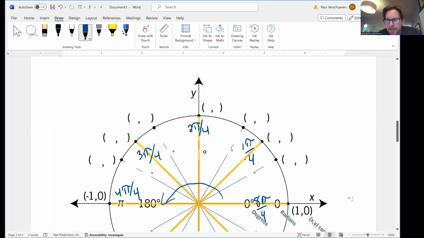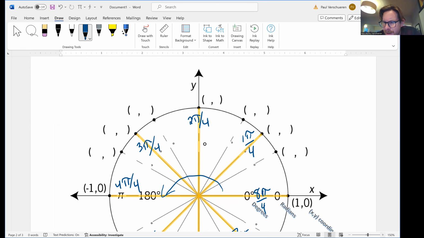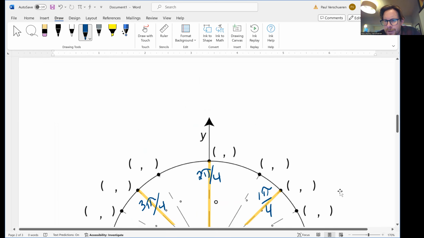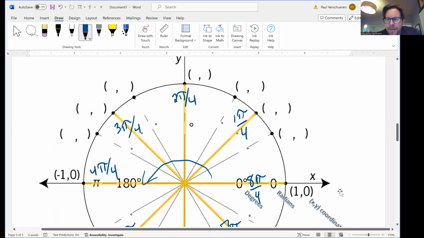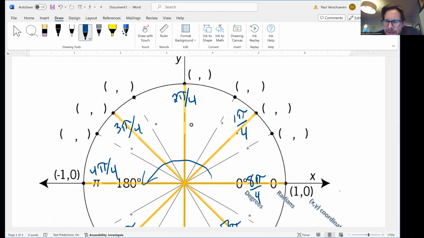I'm just going to zoom in a little more so I can write bigger, and focus on this first quadrant. Starting with the y values, counting up in the counterclockwise direction, think of that 0 as the square root of 0 over 2, and then this as the square root of 1 over 2.